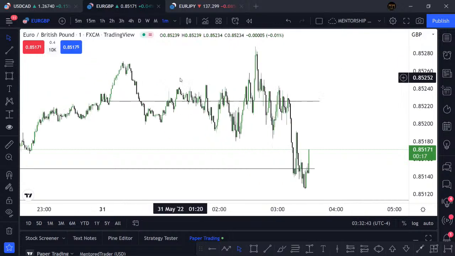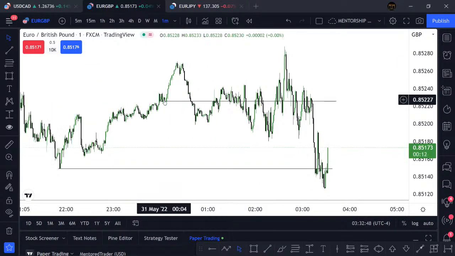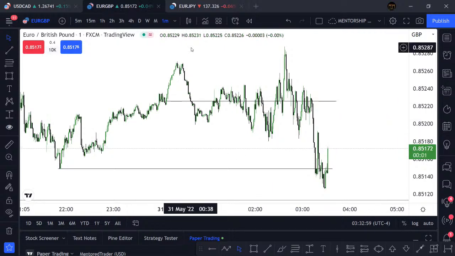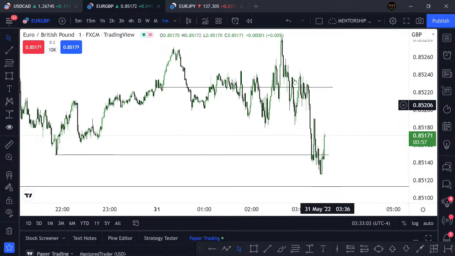Remember, you want to see price trade away from the midnight open price, and trade below the previous day's low or above the previous day's high. You don't want to see yourself get stuck around.